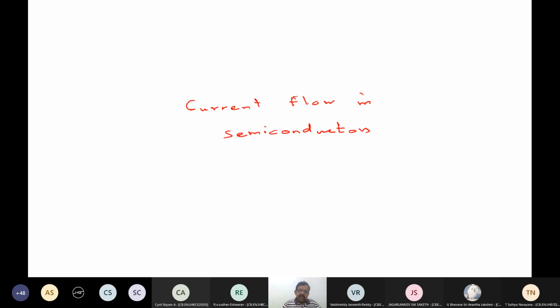What are the mechanisms by which this current flow happens in semiconductors? We recall the concept called diffusion. This is mechanism 1, and 2 is drift.